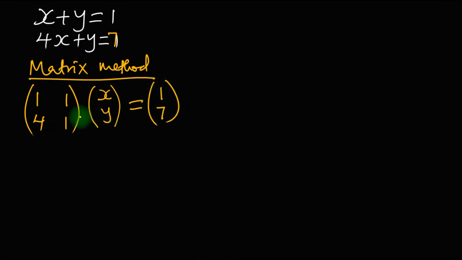Then from here we need to make sure that this matrix, which is of the order 2 by 2, becomes an identity matrix, which is 1, 0, 0, 1.